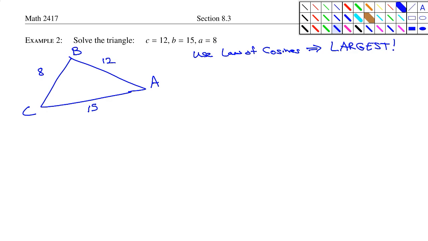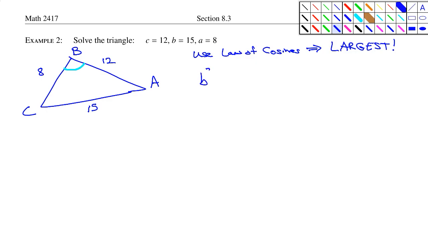If there is an obtuse angle, which angle would that be? It would be the angle across from the longest side, 15. So it's the angle B that we would want. So let's go for B.